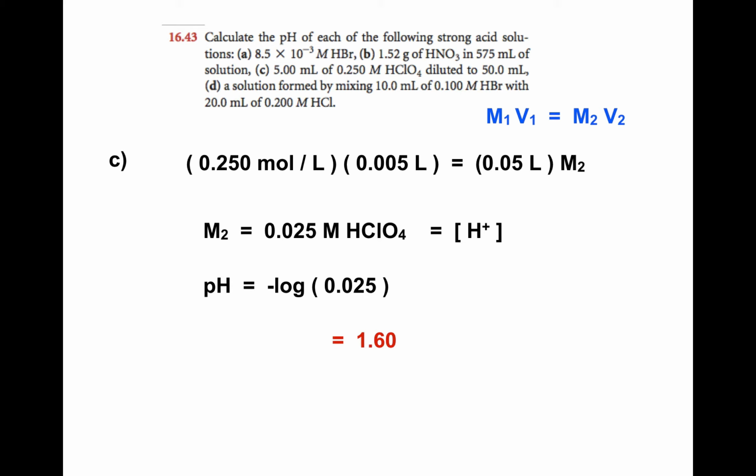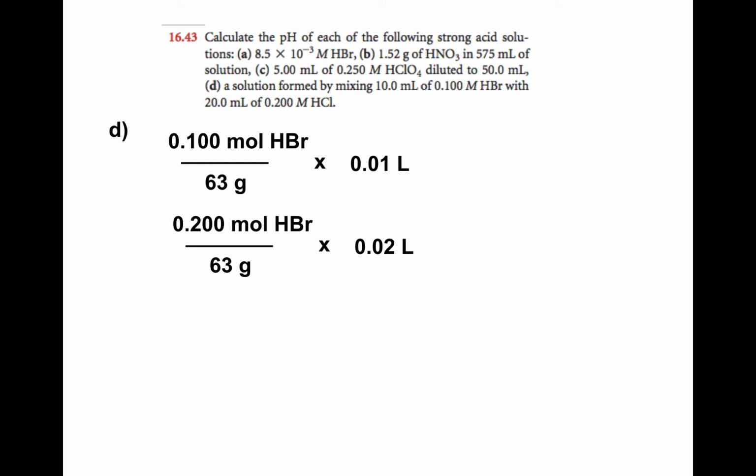D, a solution formed by mixing 10 milliliters of 0.1 molar hydrobromic acid with 20 milliliters of 0.2 molar hydrochloric acid. Well, both of these acids are contributing moles of H plus, right? So, multiply the molarities of the hydrobromic acid and the hydrochloric acid by how many liters each of these solutions were.